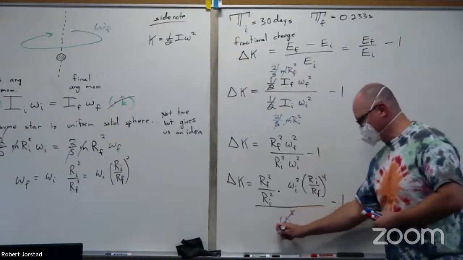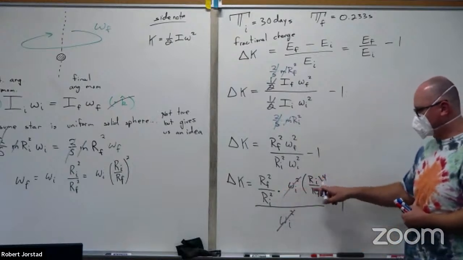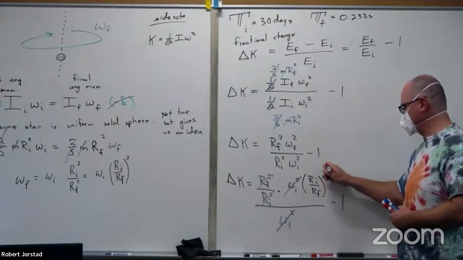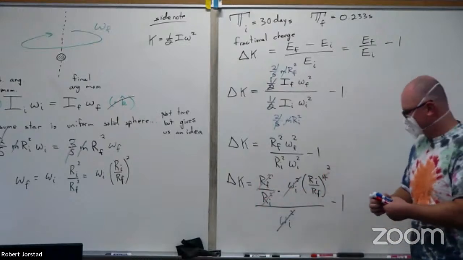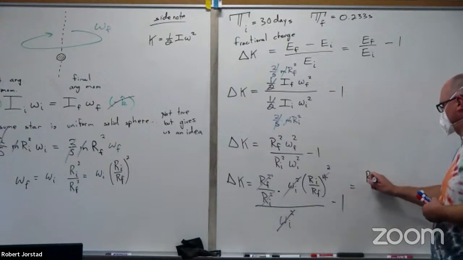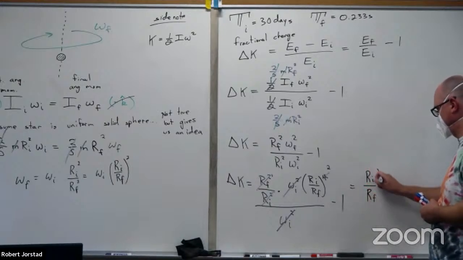Now, this term drops. 2 of these drop. 2 of those drop. That brings us back down to a squared. And we get this result. R initial squared over R final squared minus 1.